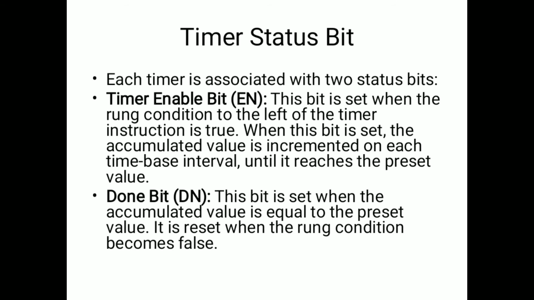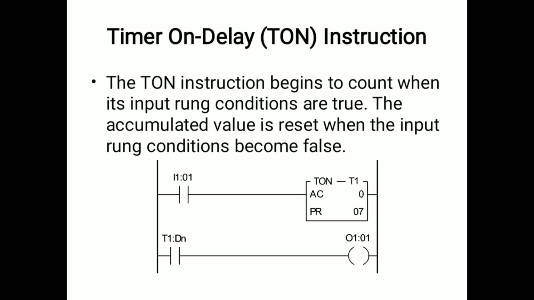If this bit is 1, the accumulated value will be incremented till it reaches the preset value. Then there is the done bit. When the accumulated value is equal to the preset value, this bit will be set, meaning the timer has reached its preset value. At that time the timer will stop its working.